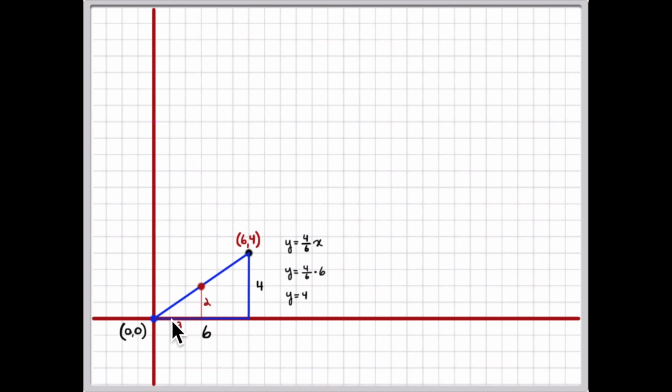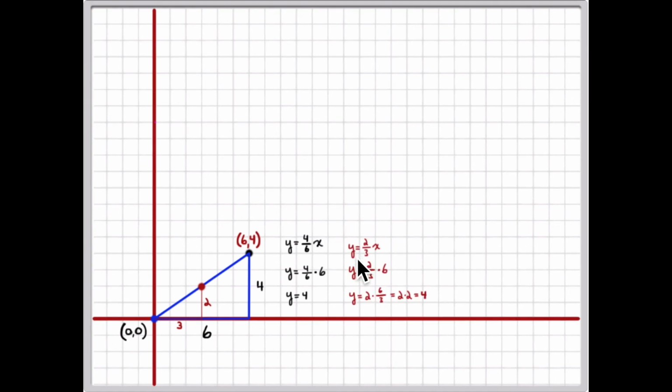So 2 is 2/3 of 3. This is 1/3, 2/3, that's that 2 units. 3/3, that is the same as 4/6.